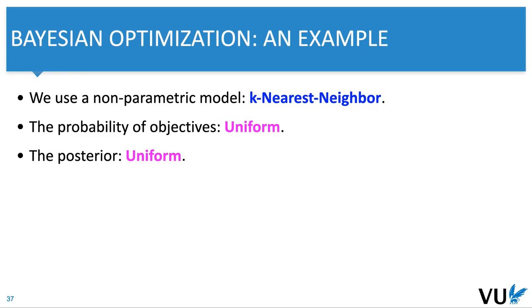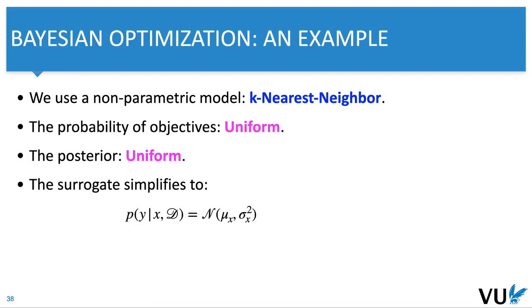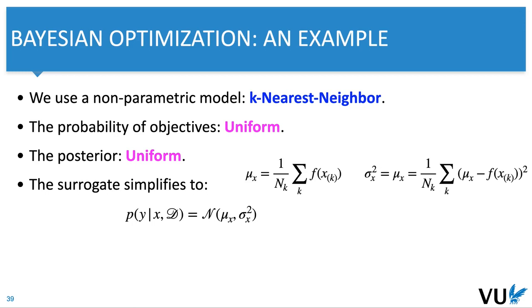So the probability of objectives is a uniform distribution, because every single model that is defined by these k neighbors is uniformly distributed. So the posterior is also uniform. It's actually very simple, because the surrogate simplifies to just a Gaussian distribution with a mean that is defined by the so far observed neighbors, and a variance that is just the empirical variance from my neighbors.